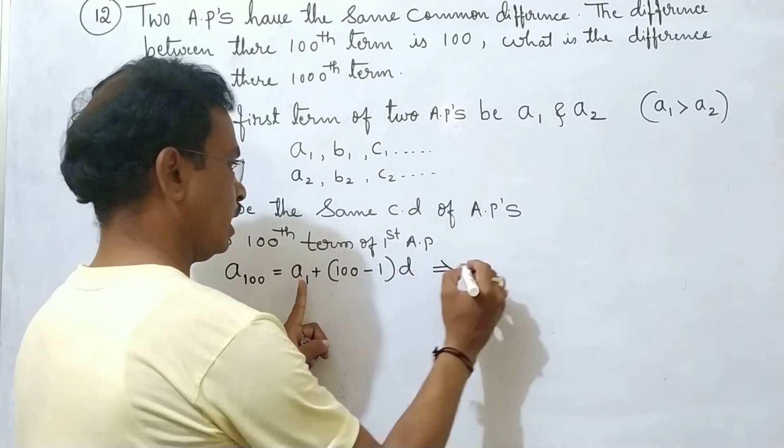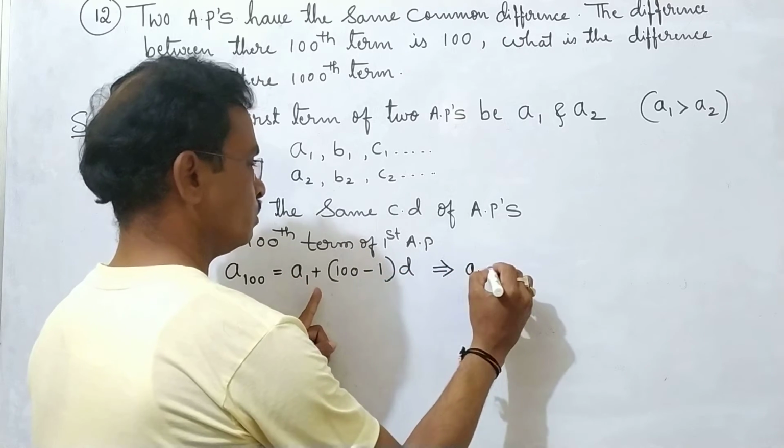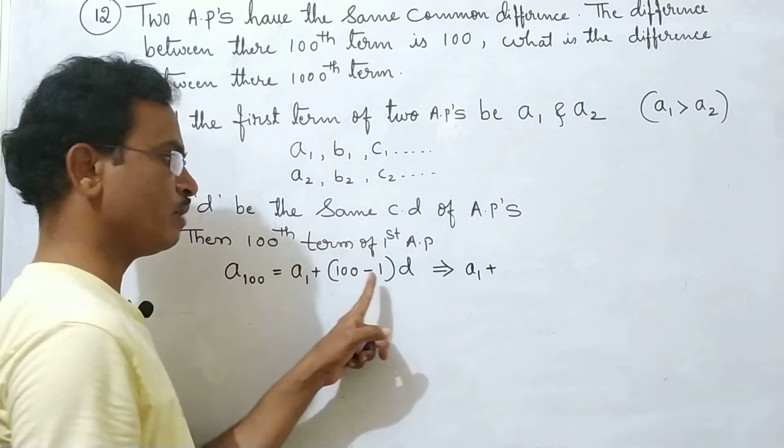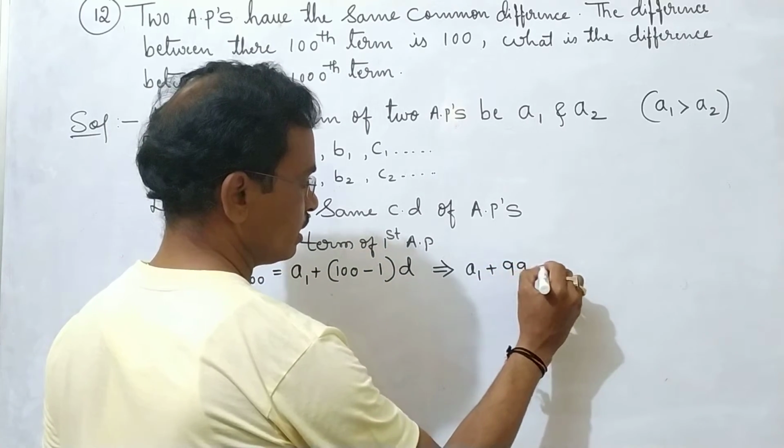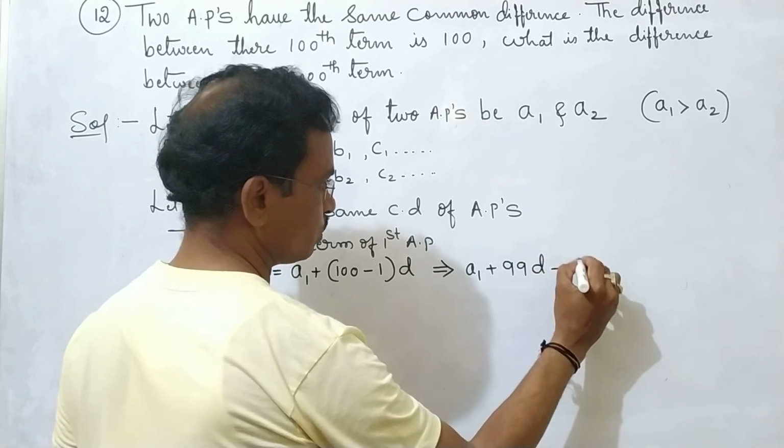This implies A1 plus 100 minus 1, that is 99D. This is the first one.